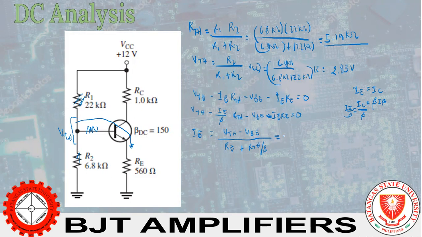So, kuhanin lang natin. Si VTH natin ay equals kay 2.83 volts minus natin kay 0.7 na VBE over yung RE natin, which is ito, 560 plus yung RTH natin is 5.19 kilo ohm na i-divide natin kay beta, which is 150.